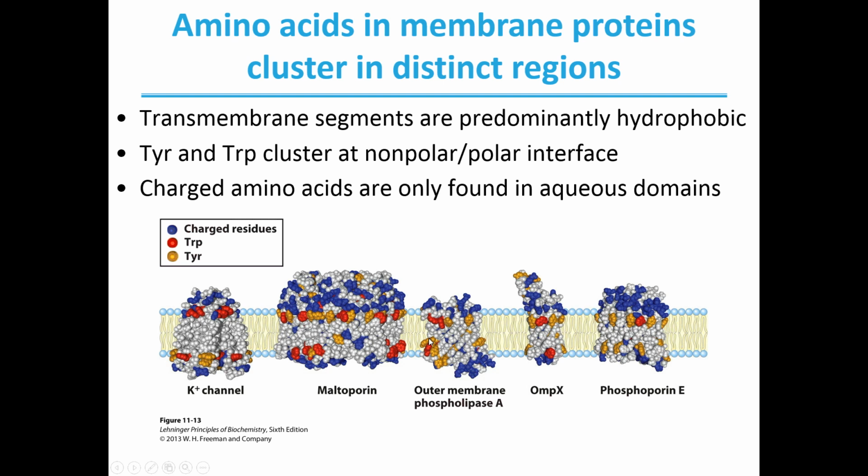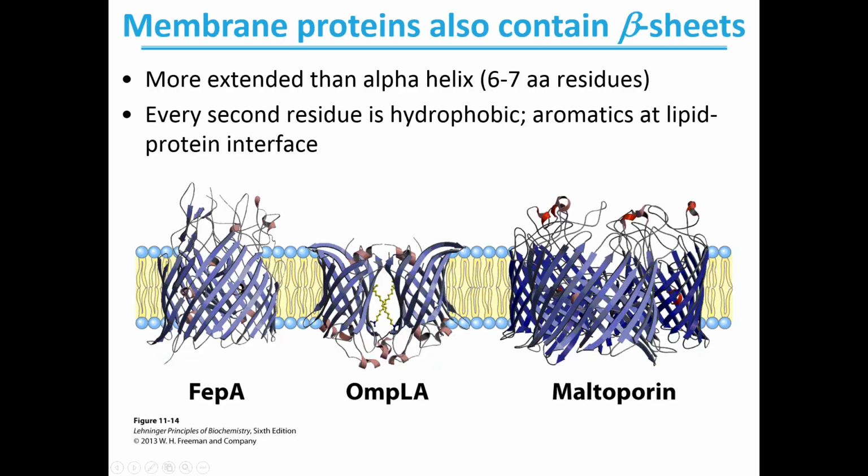Another thing you can see from this picture is that we have a lot of tryptophan and tyrosine residues right at the boundary of where the nonpolar and polar molecules meet. If you think about the structures of tyrosine and tryptophan, they are amino acids that have a nonpolar region and a polar region. So they're arranged in a perfect environment for their structure.